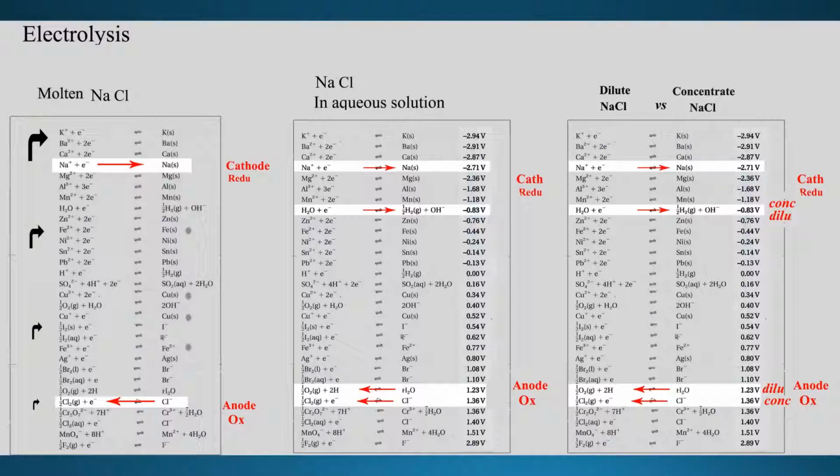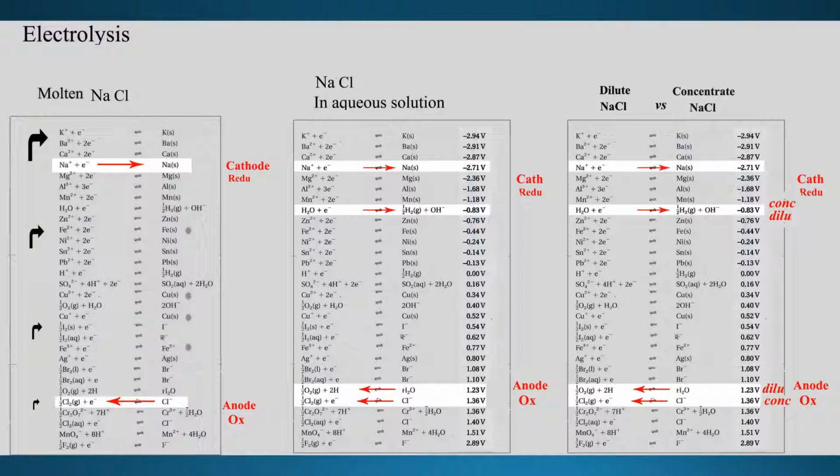Now we learn the summary. Today we learn 3 parts. In all of them, electrons flow from anode up to cathode, which requires energy. The first one, molten NaCl: chloride at anode, sodium at cathode.